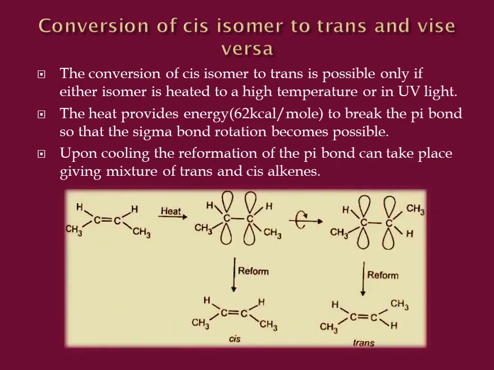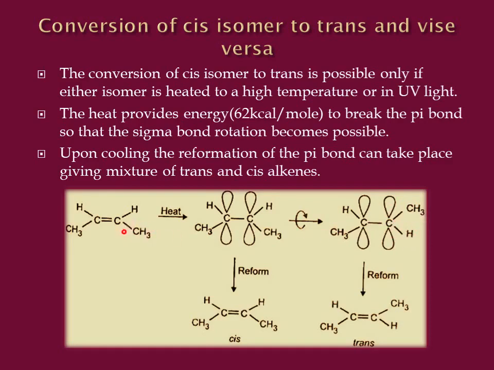Now two possibilities can exist. When the sigma bond rotates like this, the methyl group is going to move above the double bond and the hydrogen below, which was initially present below the double bond. Now you can see upon cooling, if it cools right after the rotation, it is going to give you a trans isomer.